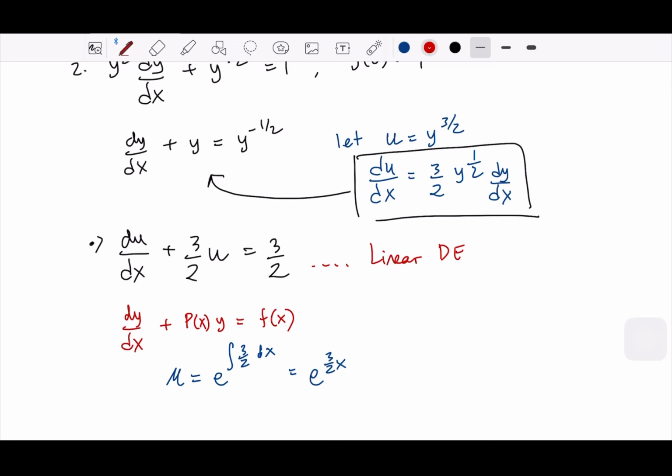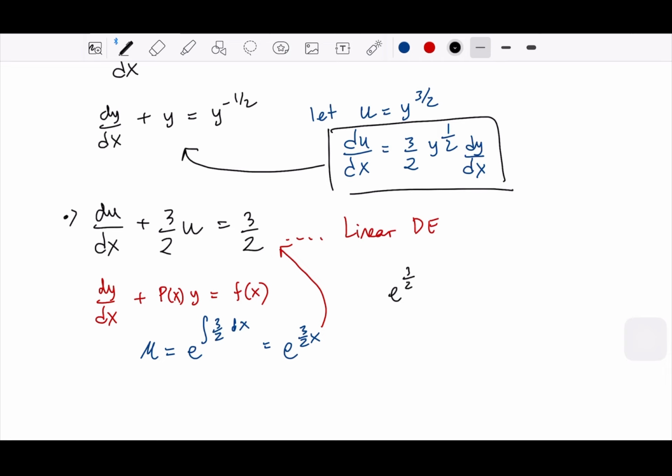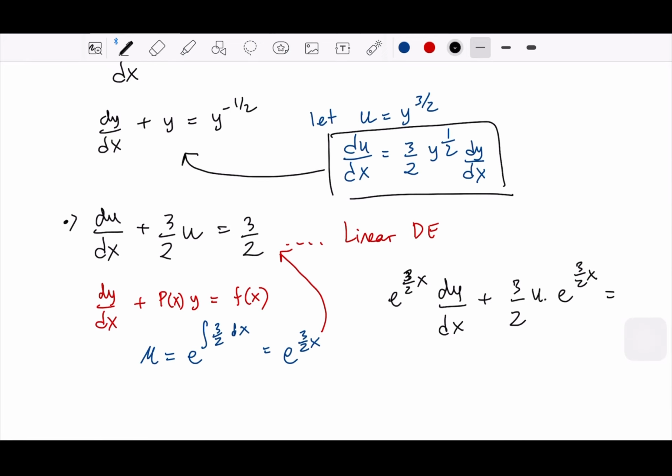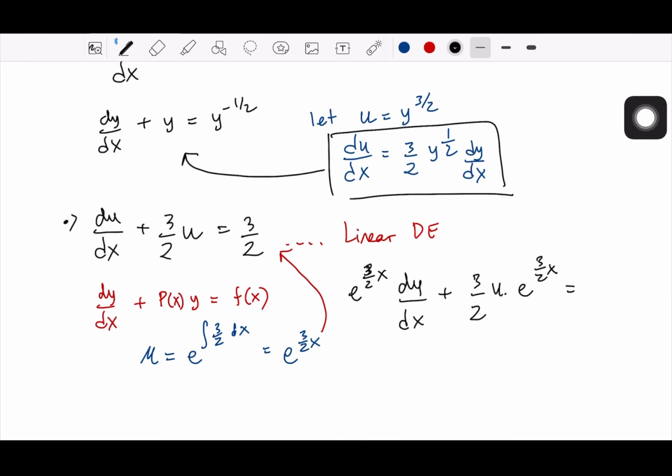and then multiply, going back here again, so we will have e^(3/2 x) du/dx plus 3 over 2 u e^(3/2 x), and then multiply with the 3 over 2 e to the power 3 over 2 x.